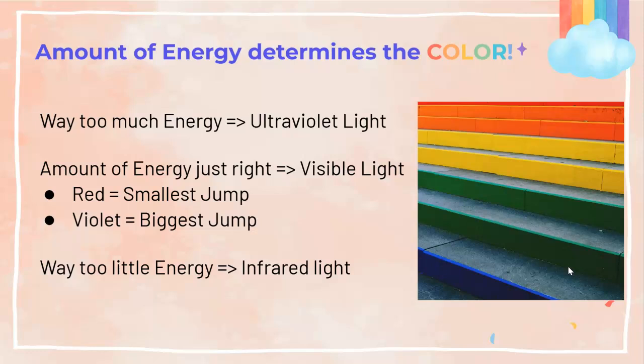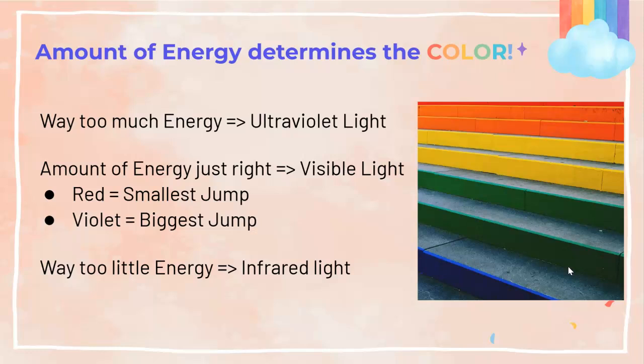Now, our eyes can only see a very specific part of the spectrum. That's called the visible part of the spectrum or visible light. Within that visible light, the smallest jumps, so the smallest changes in energy, we see as red, and the biggest jumps we see as violet. Now, because our eyesight is very narrow, if there's way too much energy, so it goes past visible light, it's seen as ultraviolet light.